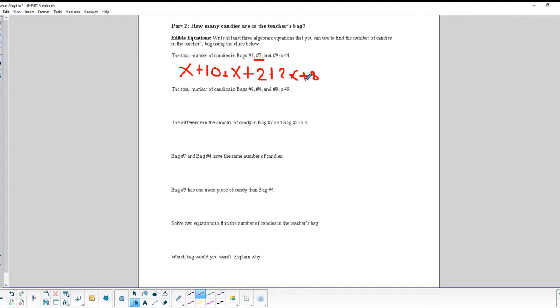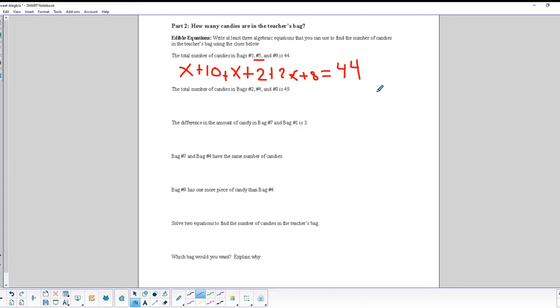Okay, so there's bag number 9. Now we're going to add all of these together, and we know that they have to equal 44. So we need to solve this equation for x and find out what x equals.